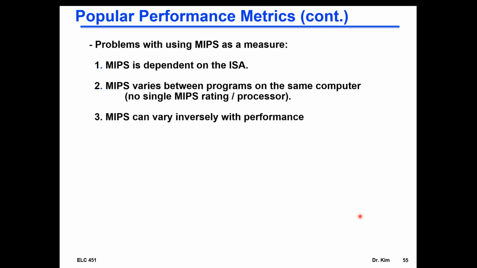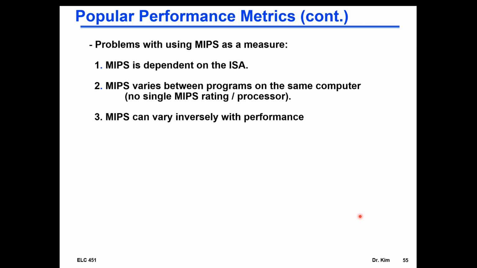If you have an ISA that has very simple instructions, then of course you're going to execute more instructions per second. But overall, your execution time may be longer because it may take more instructions to execute a given task or a given program.